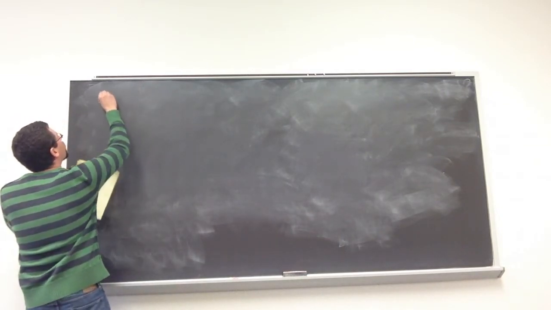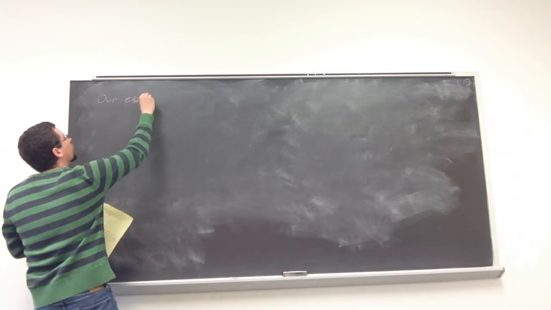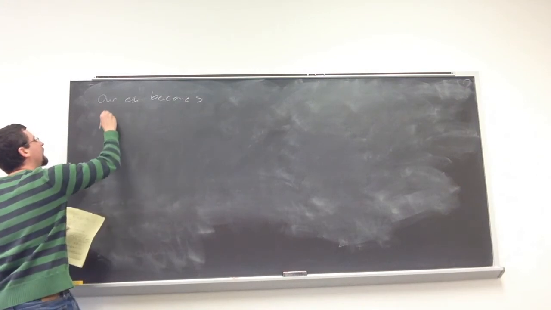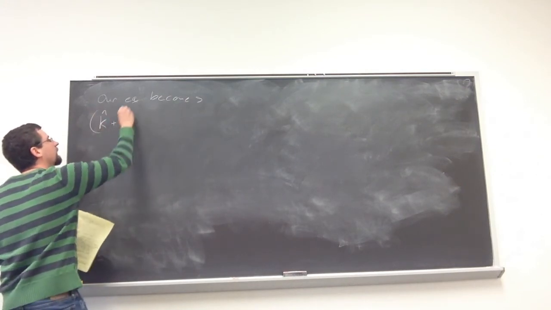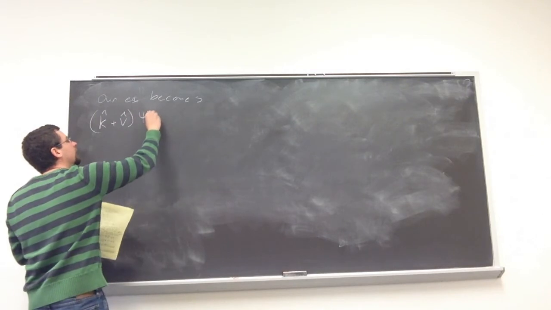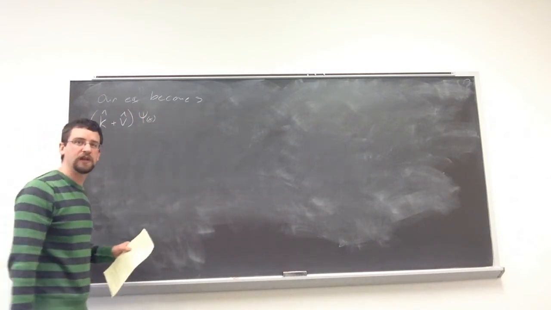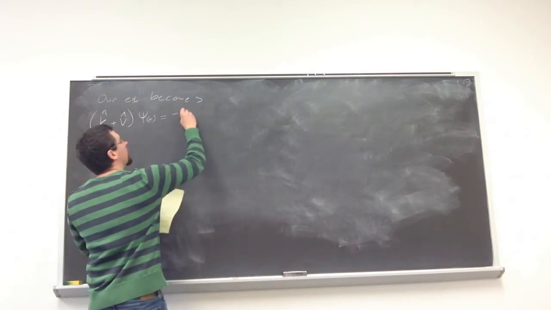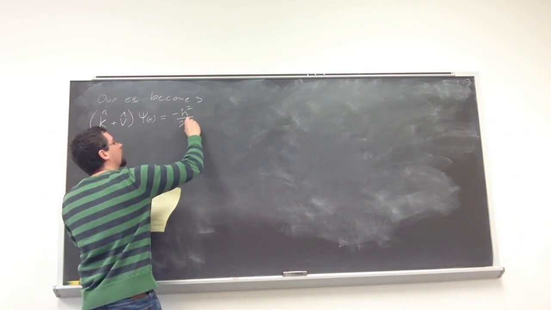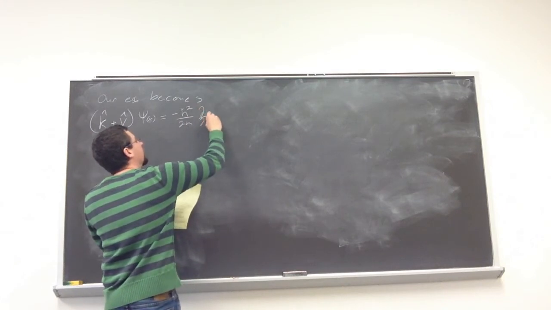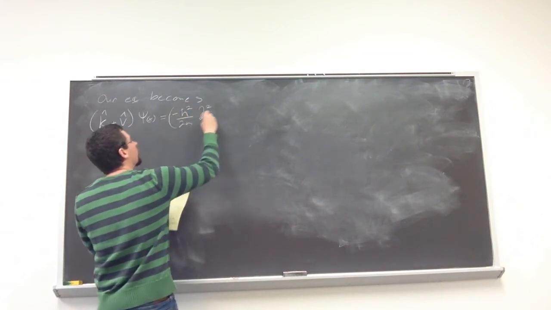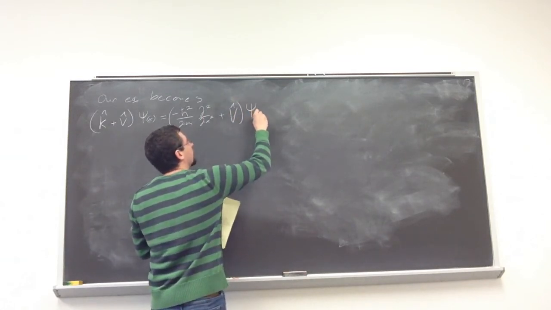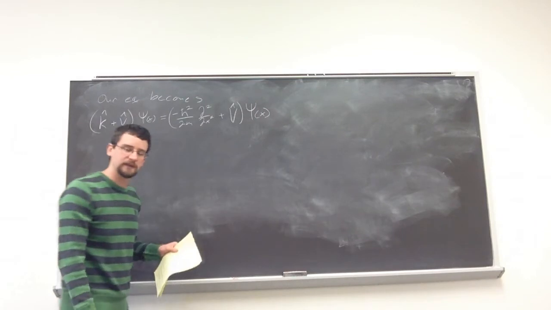Before we do that though, our equation becomes K hat plus V hat all operating on our wave function psi of x, and we just said K hat is negative h bar squared over 2m d squared dx squared, plus V hat, which gets us to this.